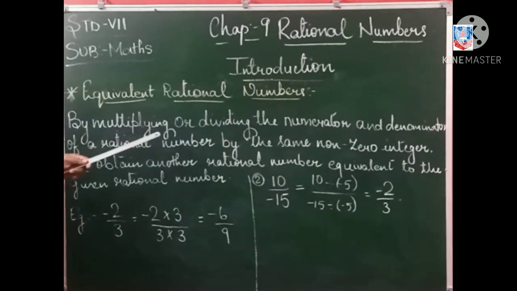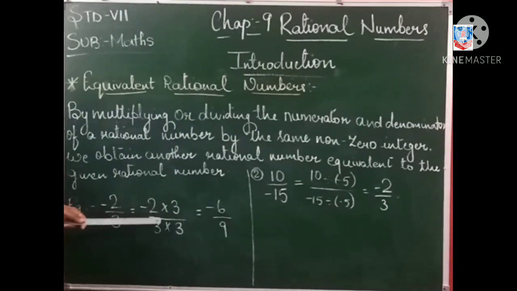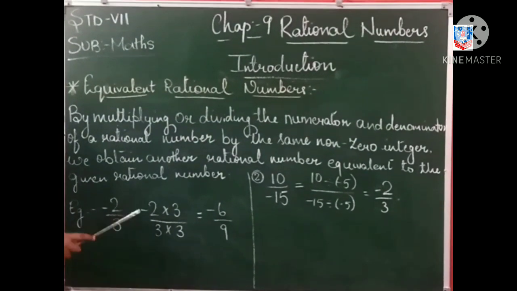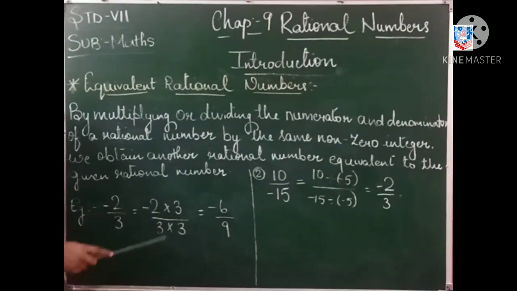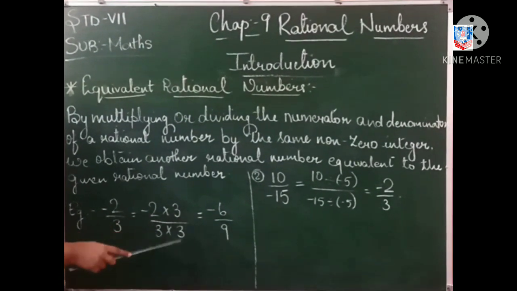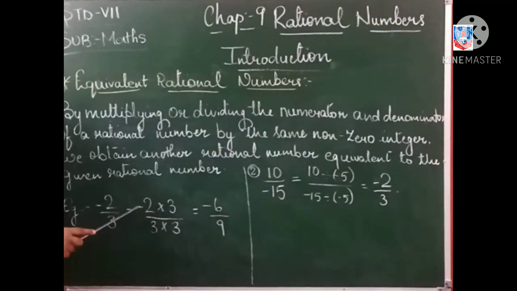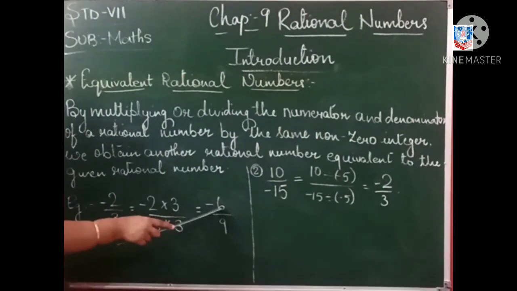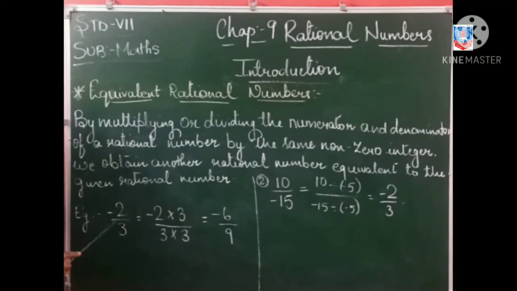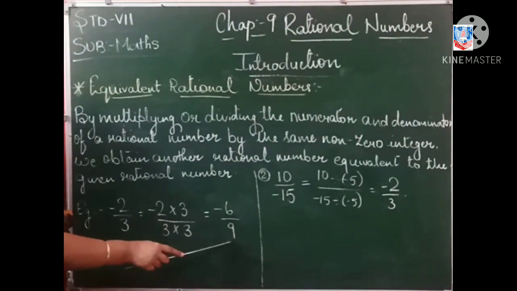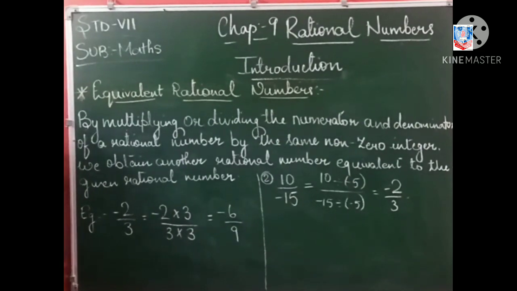Here we will multiply numerator and denominator with the same non-zero integer, 3. Minus 2 into 3 is minus 6 and 3 into 3, 9. That means minus 2 by 3 and minus 6 by 9 are equivalent to each other.